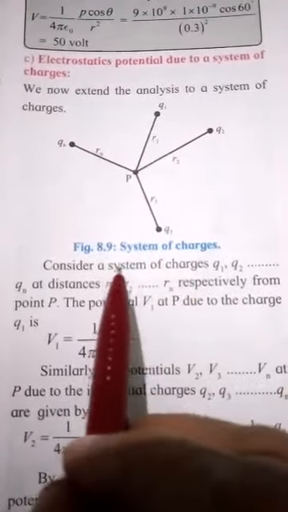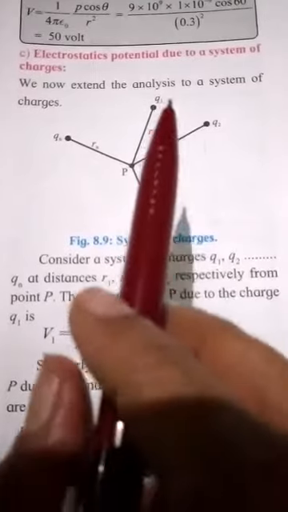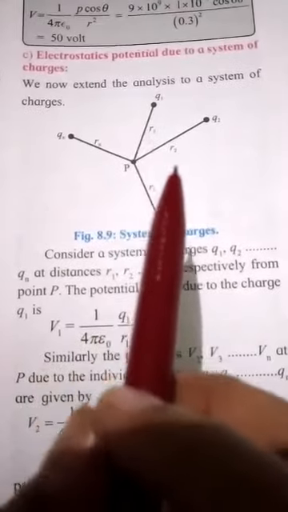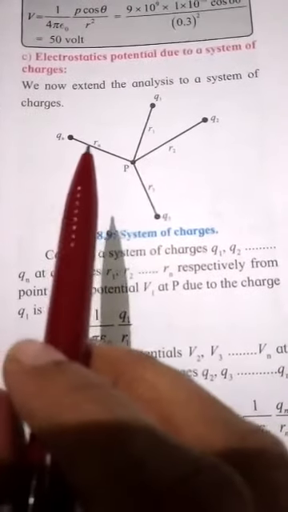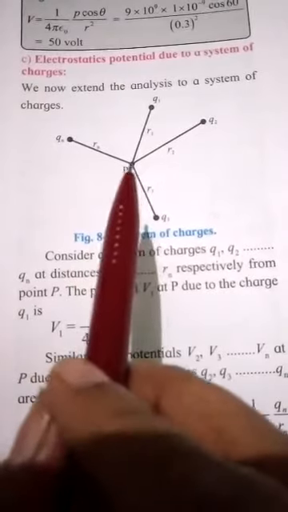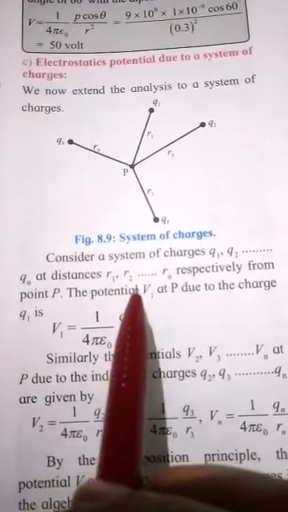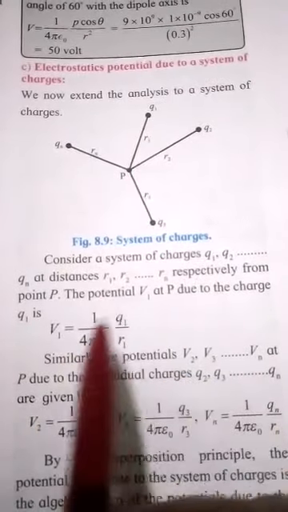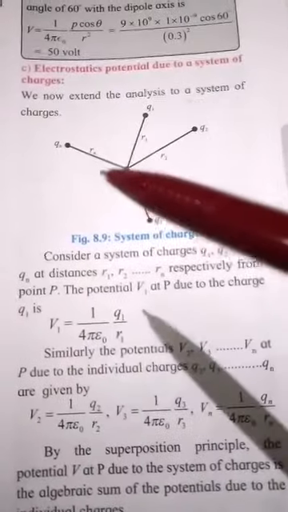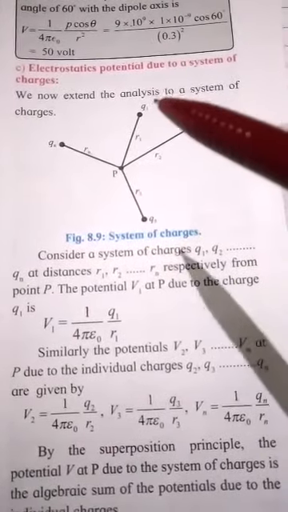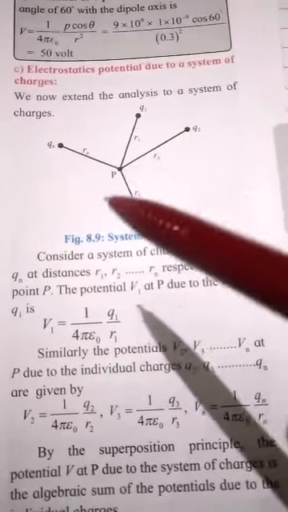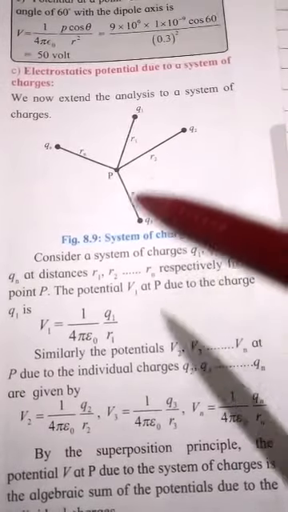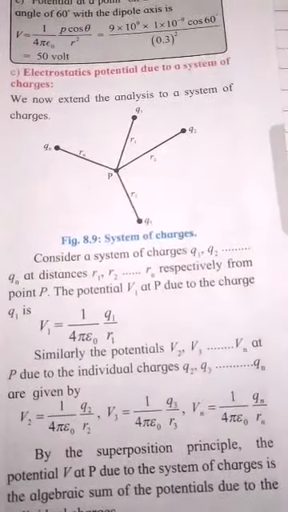So we are considering a system of charges Q1, Q2, Q3 up to Qn at distances R1, R2, R3 up to Rn respectively from point O. The potential V1 at P due to the charge Q1, similarly the potentials at point P from the charges Q2, Q3 up to Qn.